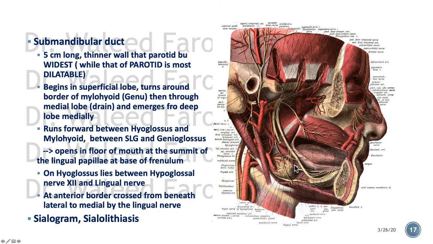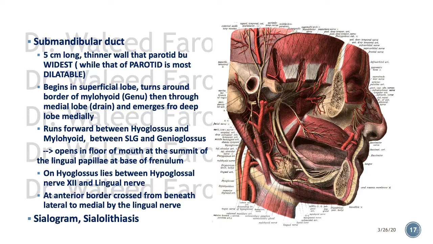The duct at first is between the hyoglossus and mylohyoid, then between the sublingual gland and the genioglossus, which is the tongue. Genioglossus muscle is the tongue. And it opens in the floor of the mouth at the summit of, you see the mucosal fold under your tongue when you raise your tongue in the mirror?